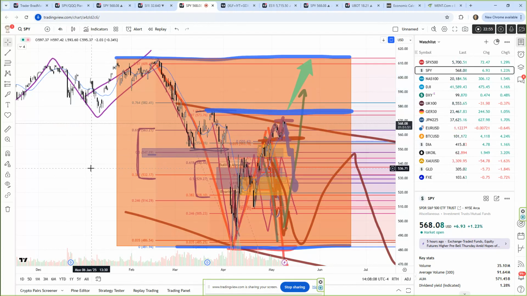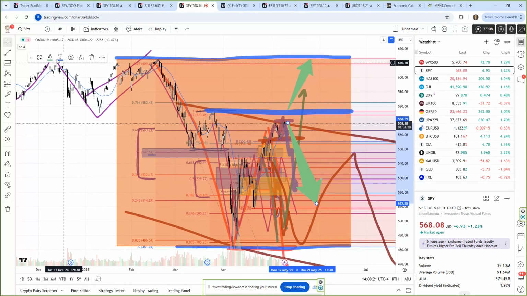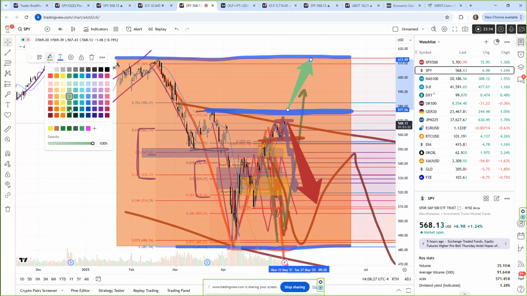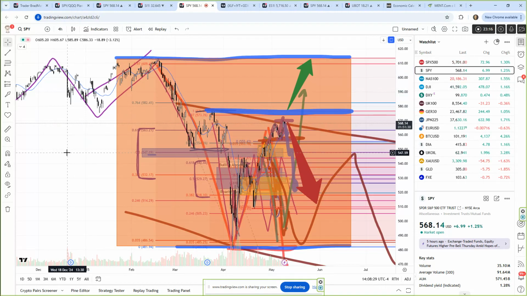Okay? But remember, if price fails to get above that level, then it is very likely, and this is again Fibonacci price theory, to try to move back down. And what is Fibonacci price theory? Price must always attempt to make new highs or make new lows.